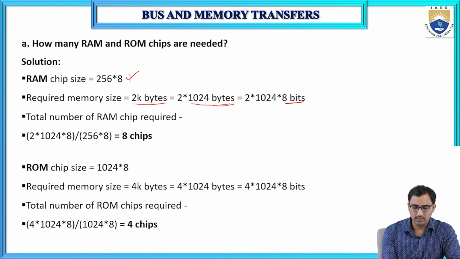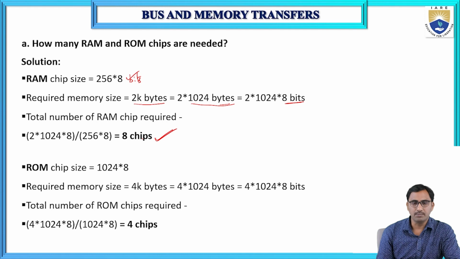The total number of chips required is the required memory size divided by the available RAM chip size, which is 2 into 1024 into 8 by 256 into 8. It gives 8. So 8 chips of 256 by 8 are required for the memory size of 2 kilobytes. So the total number of RAM chips required is 8.